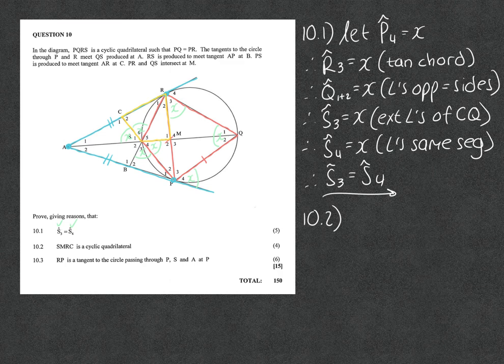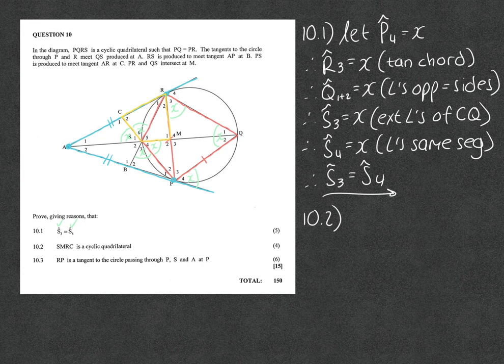I don't have the other line from C to M in order to use angles in same segment here, so that's not going to work. I can, however, use exterior angles. If I can prove that R1 and 2 is also x, then I'm golden, because then I can use converse exterior angles of a cyclic quad. Opposite interior angles we can also use, but I don't feel like we have enough information there. So is there a way for me to work out R1 and 2 to equal x in this instance?